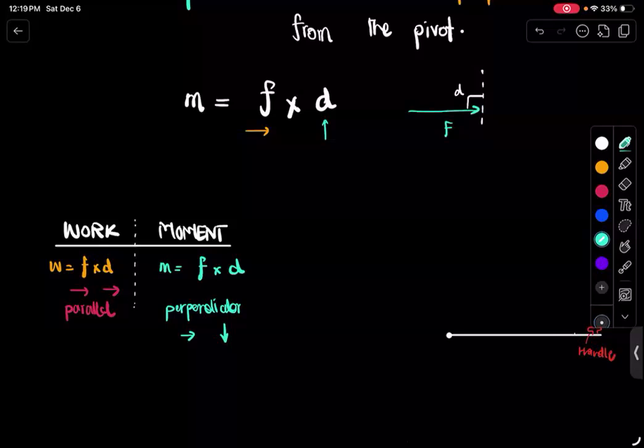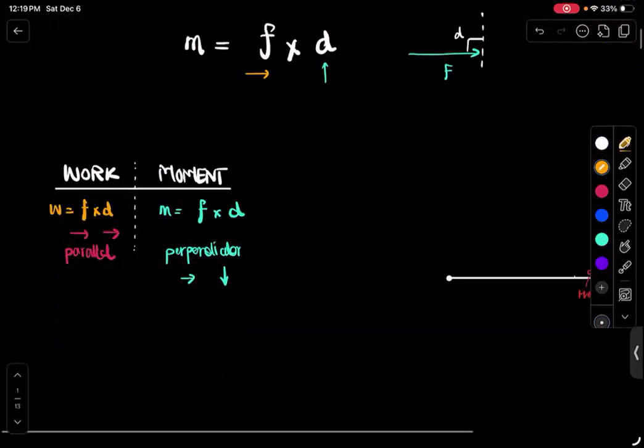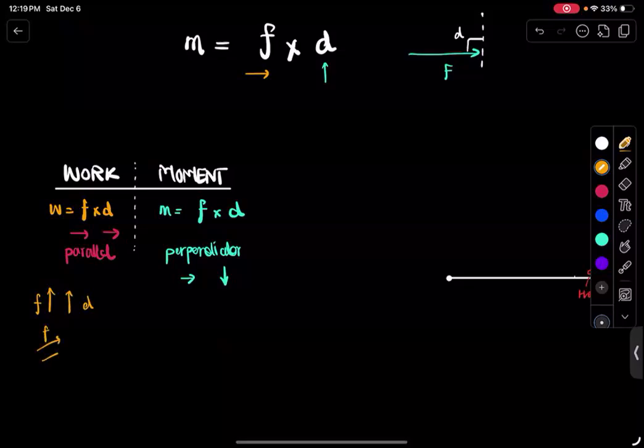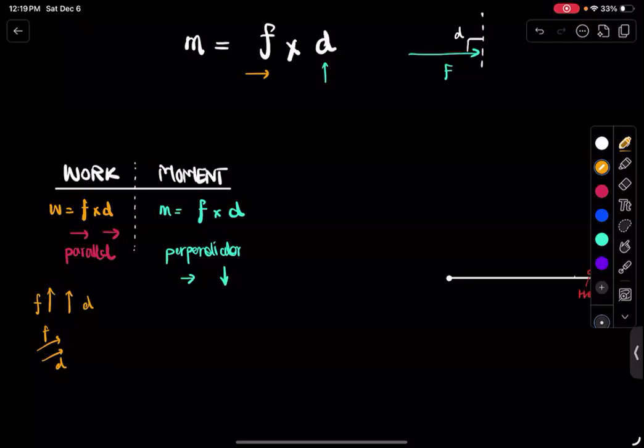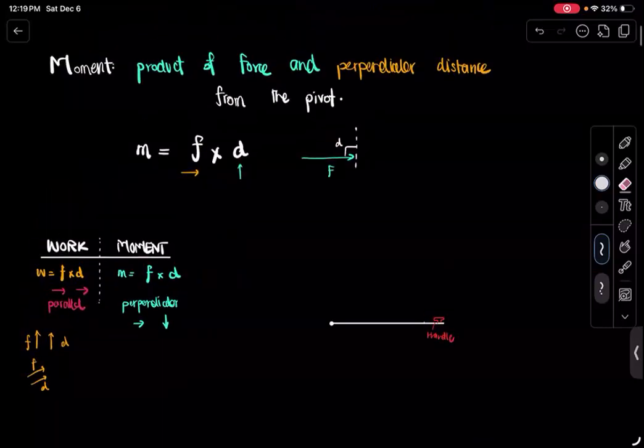If force is towards the right, then the distance has to be perpendicular to it. Make sure you remember that's a really important distinction. For work done, if force is upwards, then distance is also upwards. If force is at an angle, then distance must also be at an angle. But for moments, if this is the direction of force, then the distance has to be at 90 degrees, perpendicular to the force that you're applying.